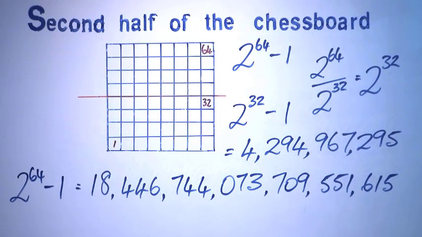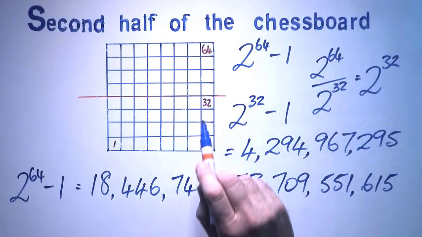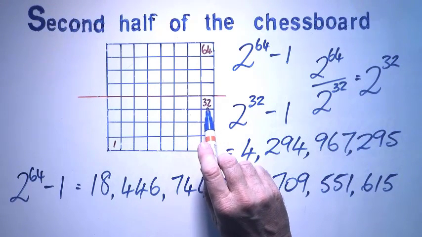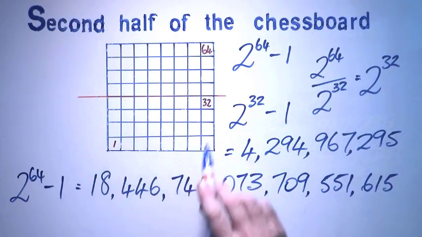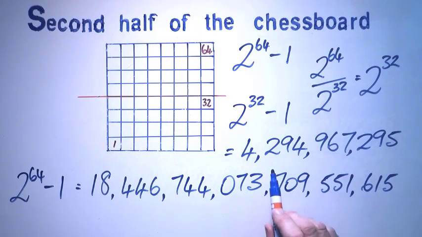But I find it easier to think of it this way, that by the time you get to square 32, that is the first half of the chessboard, the total is over 4 billion. But by the time you get to the 64th square, the end of the second half of the chessboard, it's a billion billion. It's about 18.5 quintillion. The result of exponential growth.